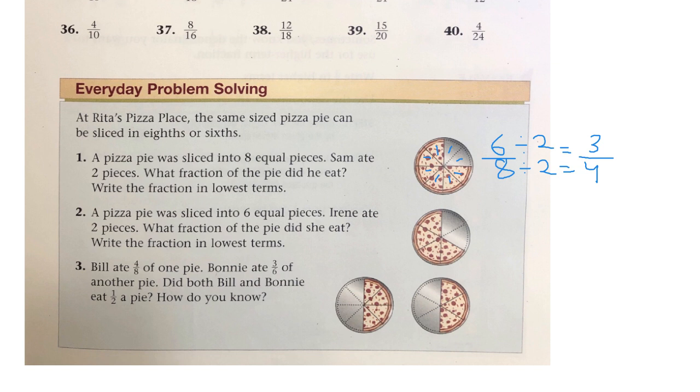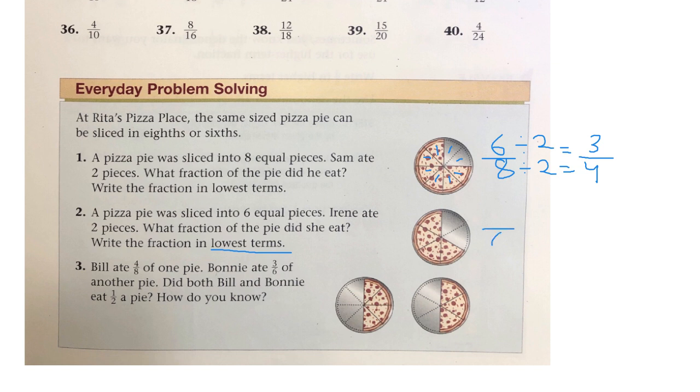Number 2, a pizza pie was sliced into 6 equal pieces. Irene ate 2 pieces. What fraction of the pie did she eat? Write the fraction in lowest terms. When you start working with fractions, now that we know how to put things in lowest terms, you always want to put your answer to a fraction problem in lowest terms, whether it says to or not.